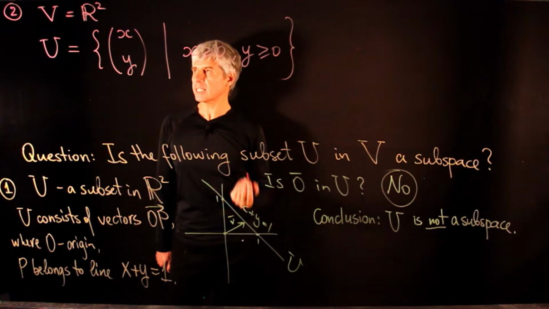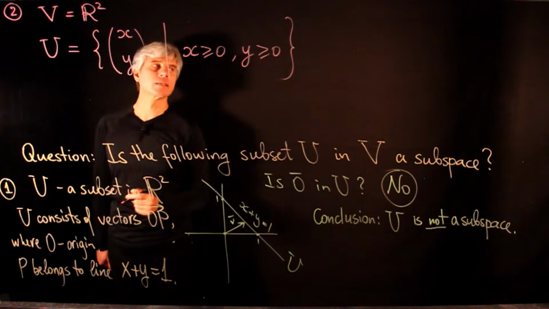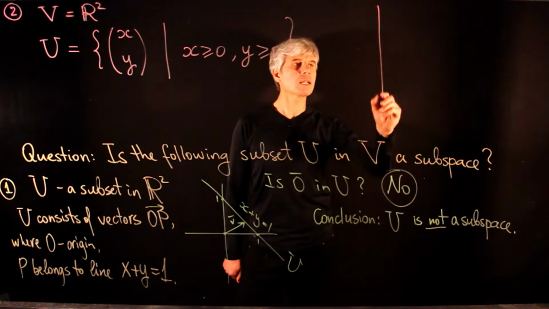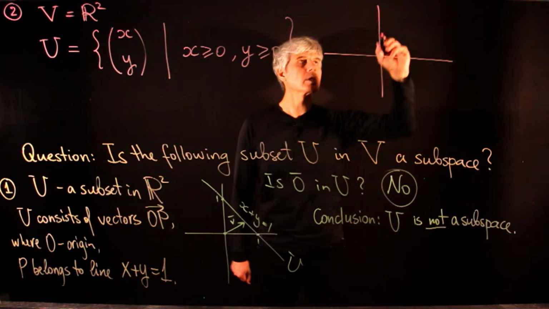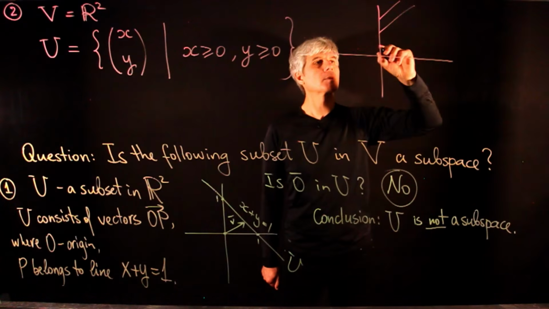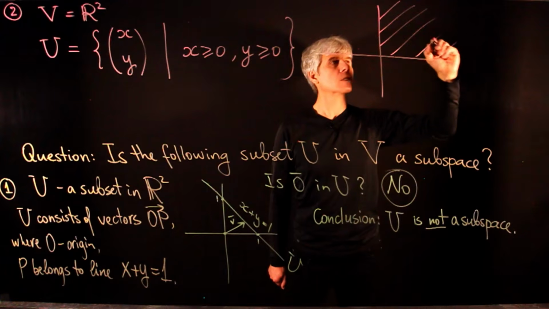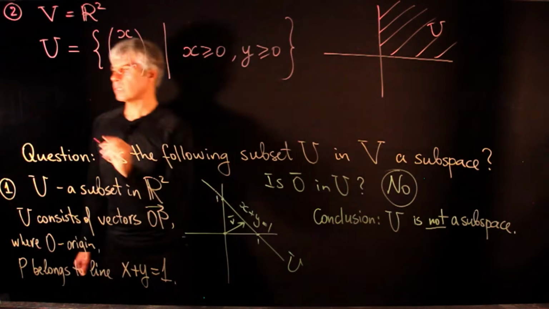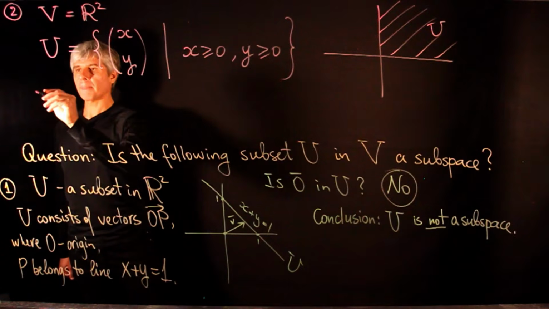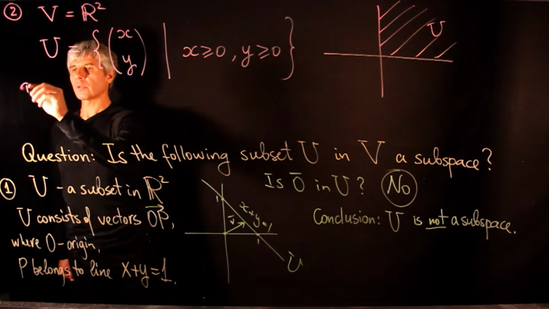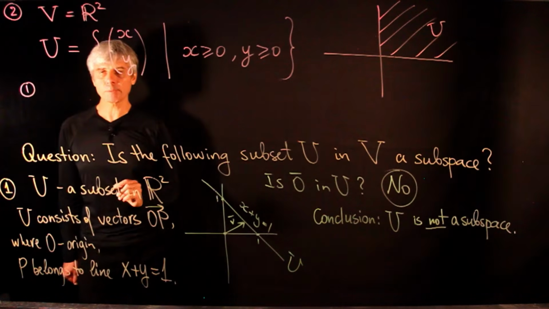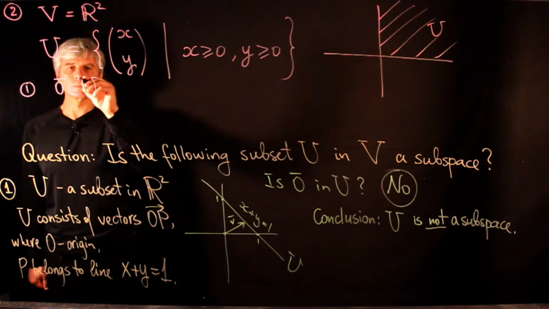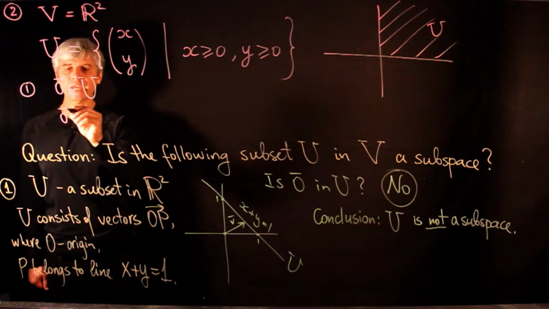Now, we want to decide whether this subset is a subspace or not. Geometrically, this is a quadrant on a coordinate plane. So this is our subset U. Now, let's go through the properties. The first property of a subspace is that 0 must belong to U. What's the 0 vector here?